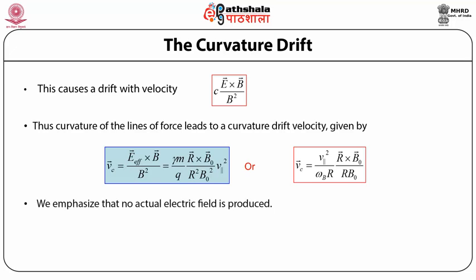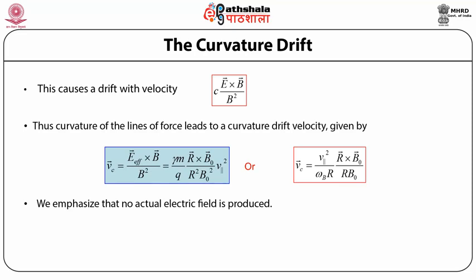So we emphasize that no actual electric field is produced. The effect of the force on the motion of the particle does not depend on the origin of that force. Thus, the effect is the same had an actual electric field been present.